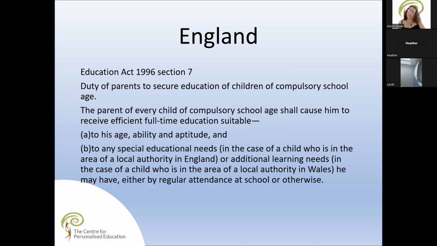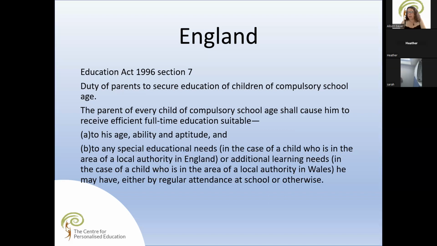The bit of the law in England that enables you to home educate is this one, and this is where, as I said before, it says that education is compulsory. So it's the duty of a parent to secure an education, the education of children of compulsory school age.